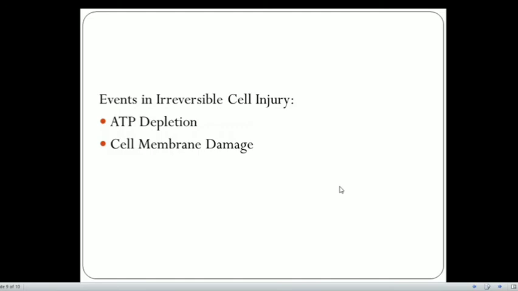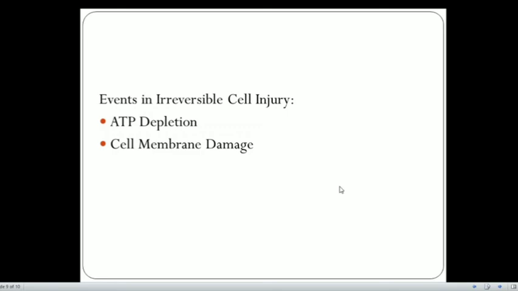Second, we have cell membrane damage. The earliest phase of irreversible injury is associated with functional and structural defects in the cell membrane, and a great deal of evidence indicates that cell membrane damage is a central factor in the pathogenesis of irreversible injury.